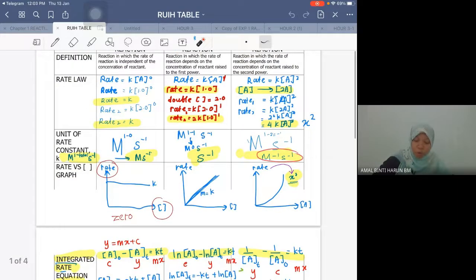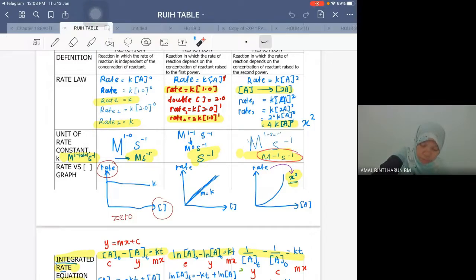Kalau zero order, concentration ni tidak memberi kesan kepada rate. Tapi kalau first order dia akan naik secara linear macam ni. Kalau second order secara kuadratik. Peningkatan concentration akan menyebabkan rate meningkat secara kuadratik.